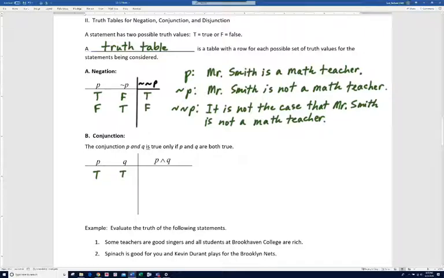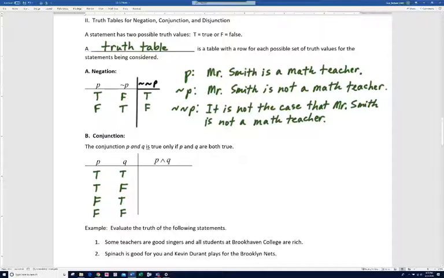And then the second case, P is true and Q is false. So both of those are when P is true. Now we're going to move to the cases where P is false. So we could have false true, or we could have false false.